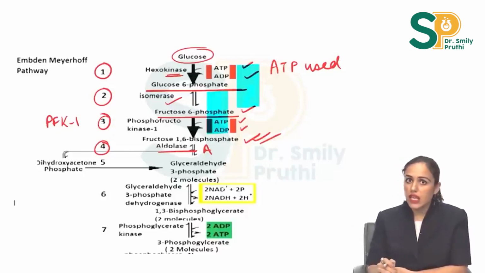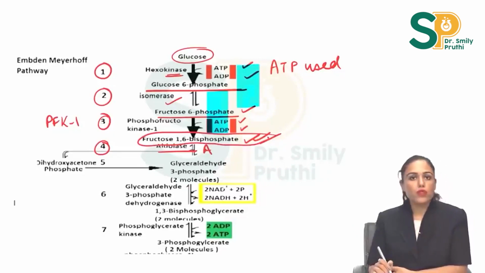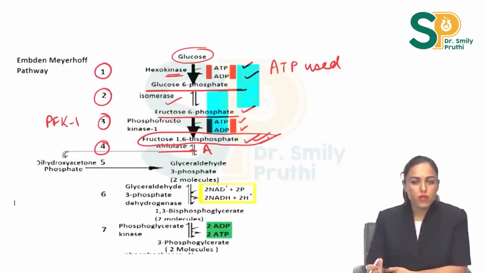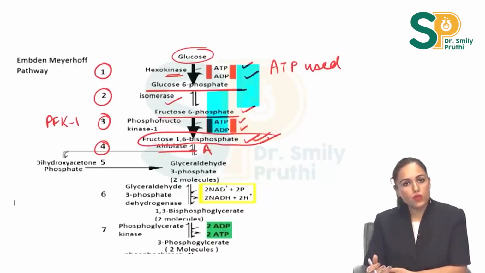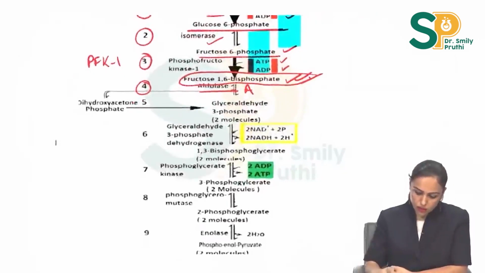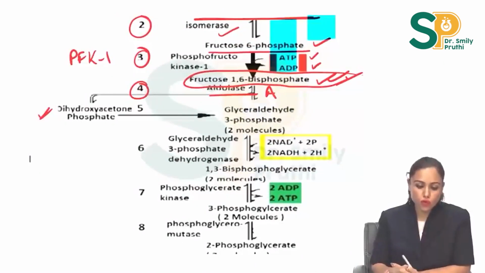Let's see what aldolase A is doing. Aldolase A will break down this compound. This is a 6-carbon compound with 2 phosphates, which is now broken down to two 3-carbon compounds. One is an aldehyde sugar, the other is a keto sugar. Both are given one phosphate each. Fructose 1,6-bisphosphate gets converted to dihydroxyacetone phosphate.